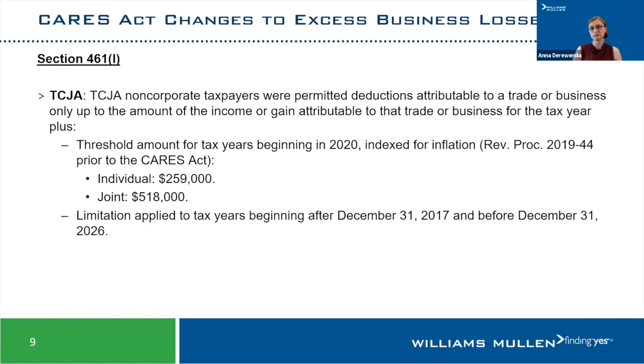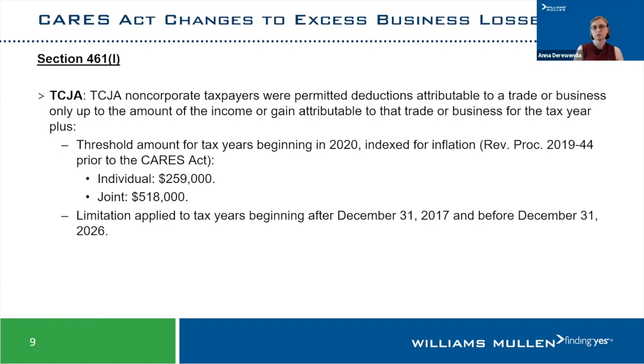This was a new limitation that the TCJA added, and it basically provided that taxpayers are permitted deductions that are attributable to a trade or business only up to the amount of the business income or gain for that year, and they can't take excess business losses against other types of income like investment income and wage income.